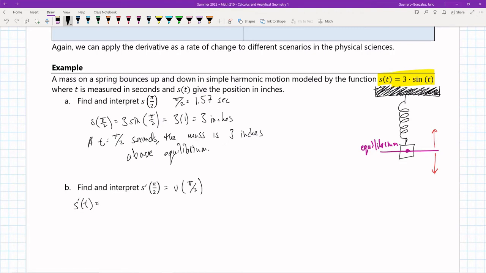We need to take the derivative of our function in yellow that's over there in the corner. So that's going to be 3 times the derivative of sine, which is cosine of t. So s prime of pi over 2 is 3 times cosine of pi over 2. If you guys remember what cosine of pi over 2 is, that's 0.